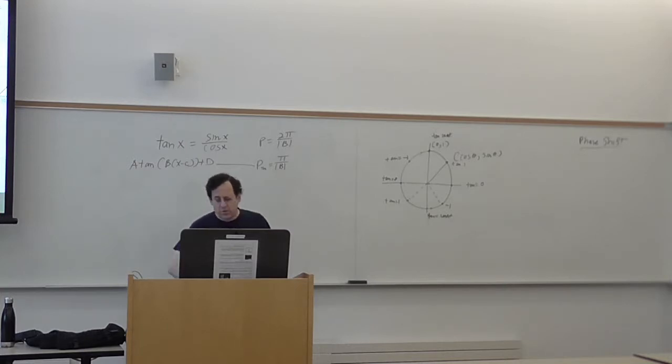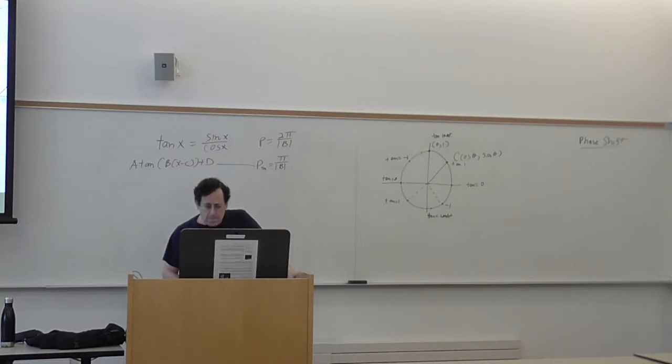Next place we go through is at pi. And then 2 pi, and look over here at minus pi. So it's repeating every pi. Its period is now pi over b, in this case 1, so pi.